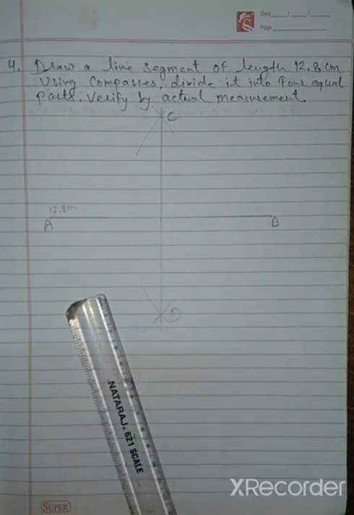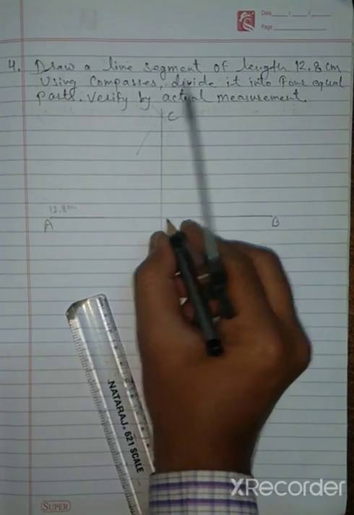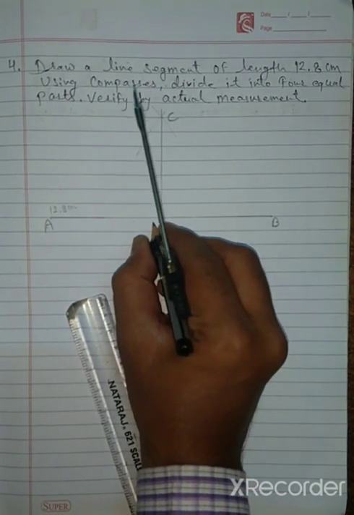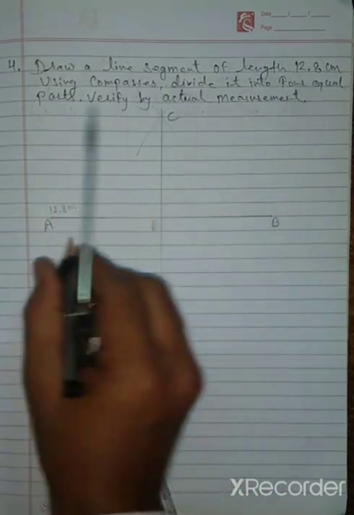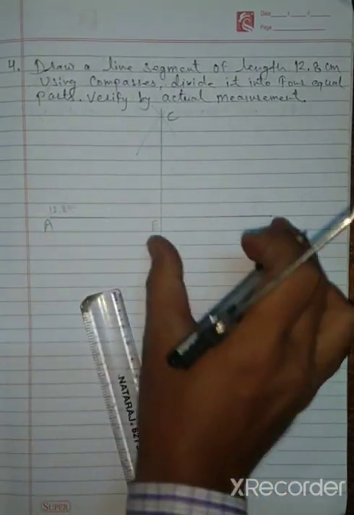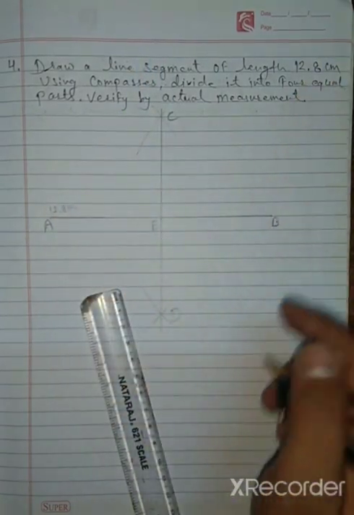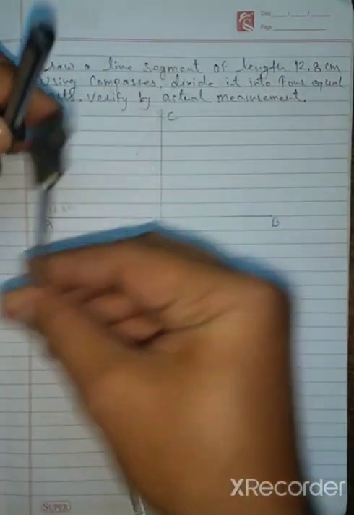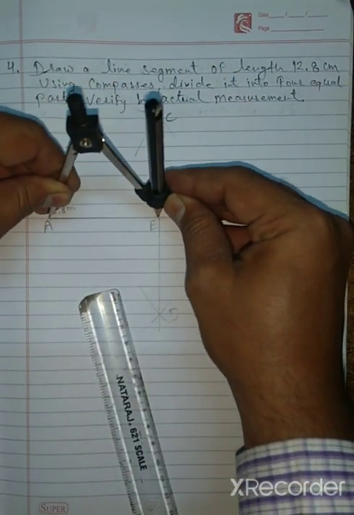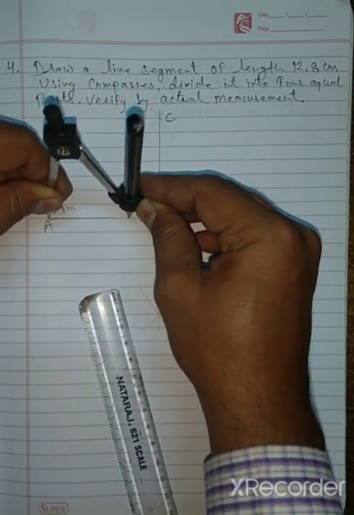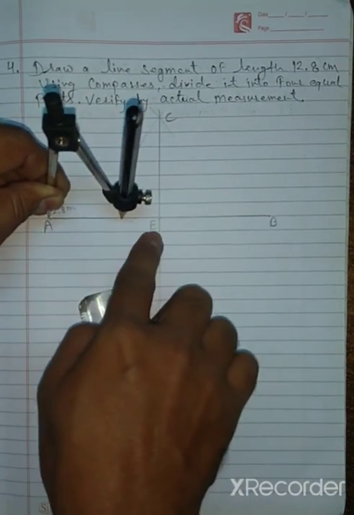Again we have to divide. We'll write the point here, you can name it E. So AE and EB we have to divide into 2 equal parts, to get 4 equal parts. So again we will take A as a center and a radius greater than half of AE.